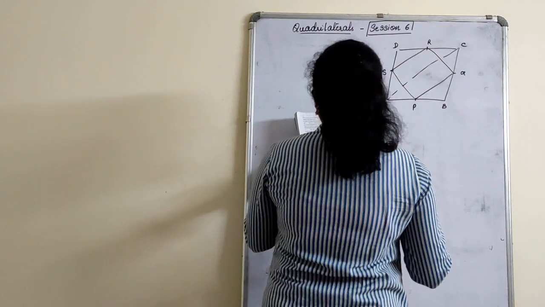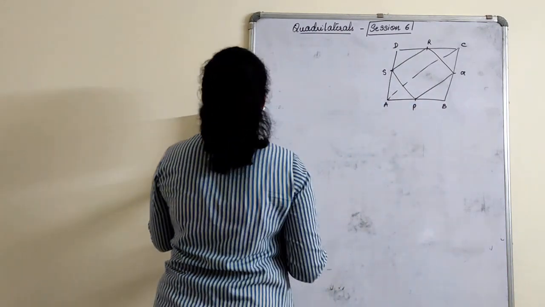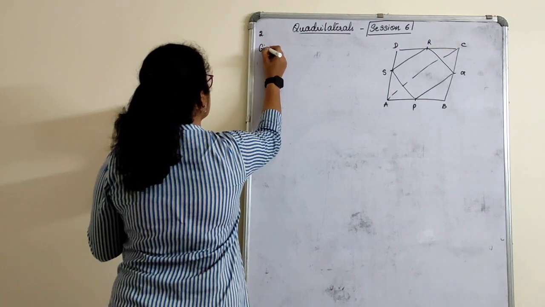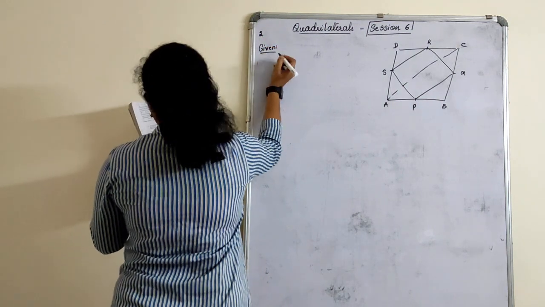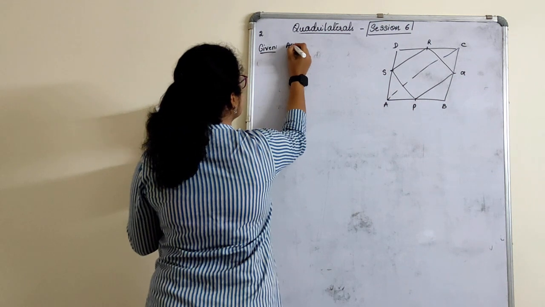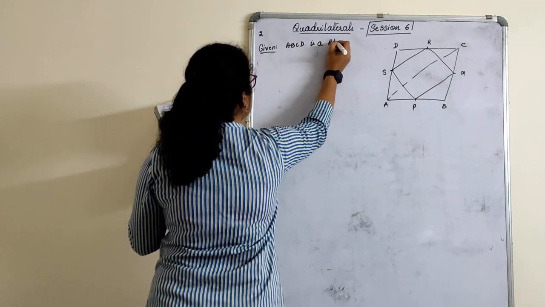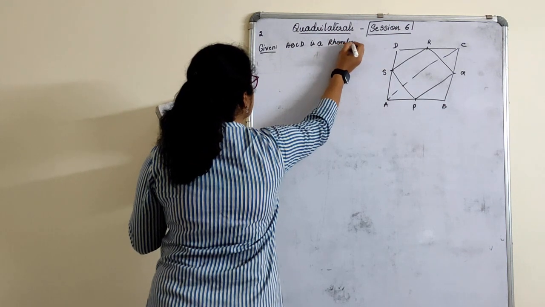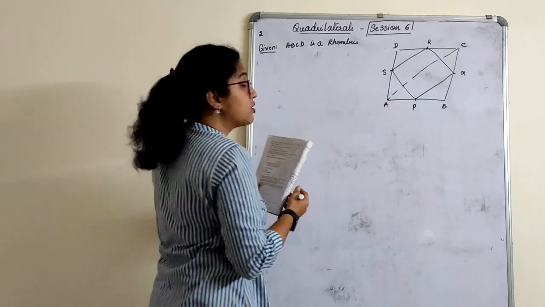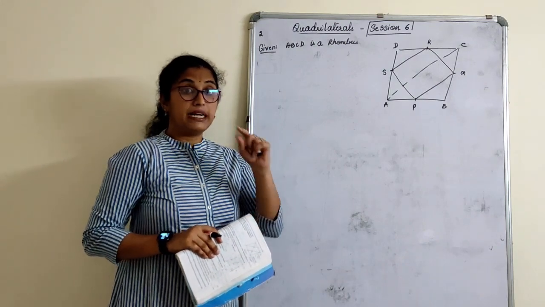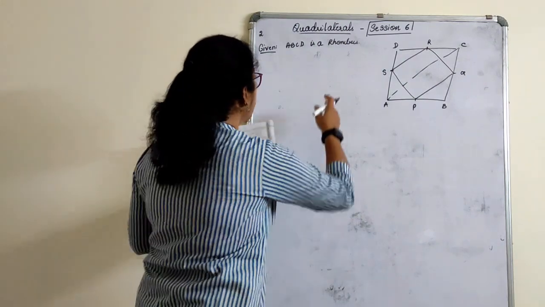So PQRS, let me keep the same figure here. Given: ABCD is a rhombus. That means rhombus properties: sides are equal, diagonals bisect each other perpendicularly. Those properties we should know here.